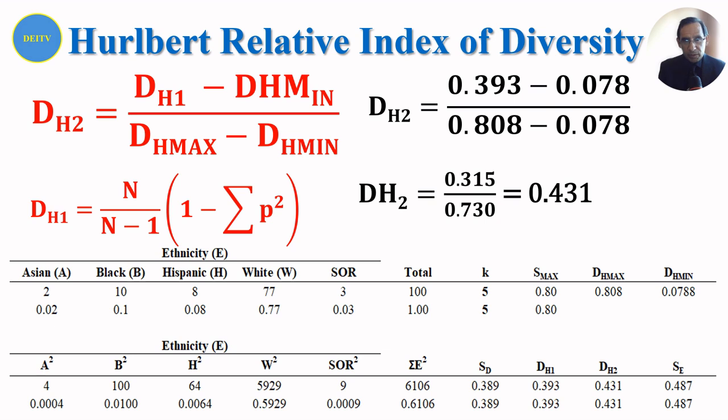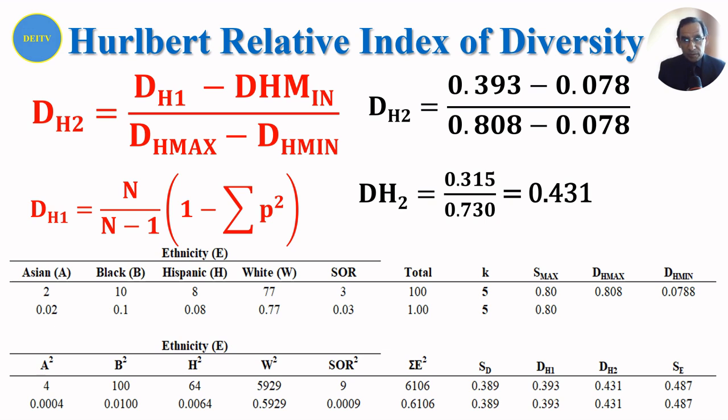So when you apply that to the data that was used in the previous slides and in the previous episodes, you get a Hurlbert diversity index of 0.393. Recall that the minimum score is 0.078. So 0.393 minus 0.078 gives you 0.315.